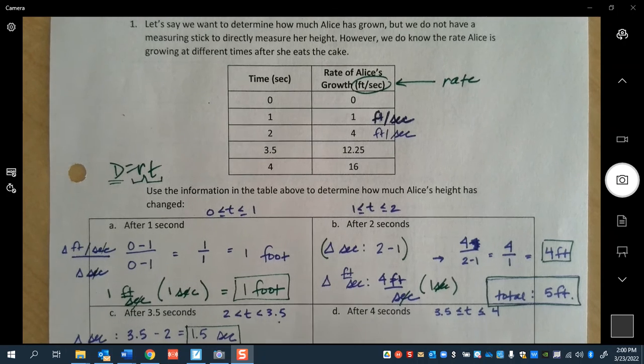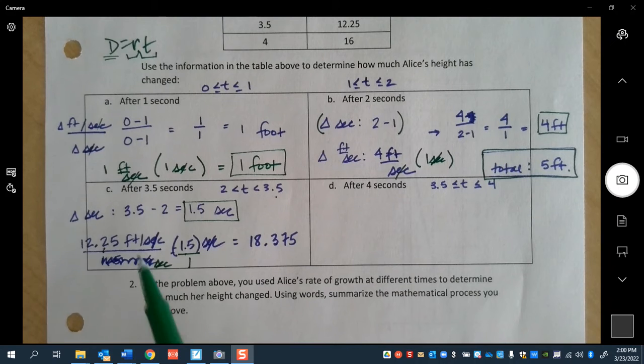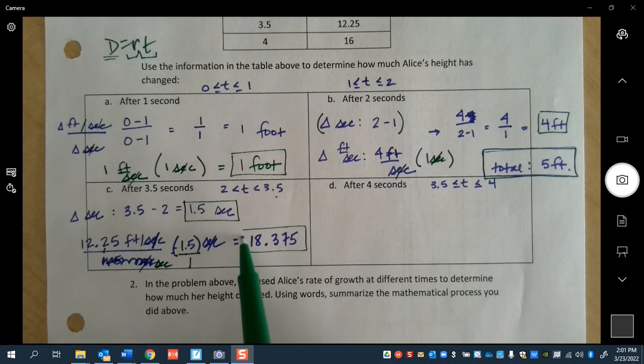All right, so let's talk about this one. So my change in my seconds is 1.5 seconds. And in that time, her rate increases to 12.25 feet per second. So meaning she's now grown in that 1.5 seconds this many feet.